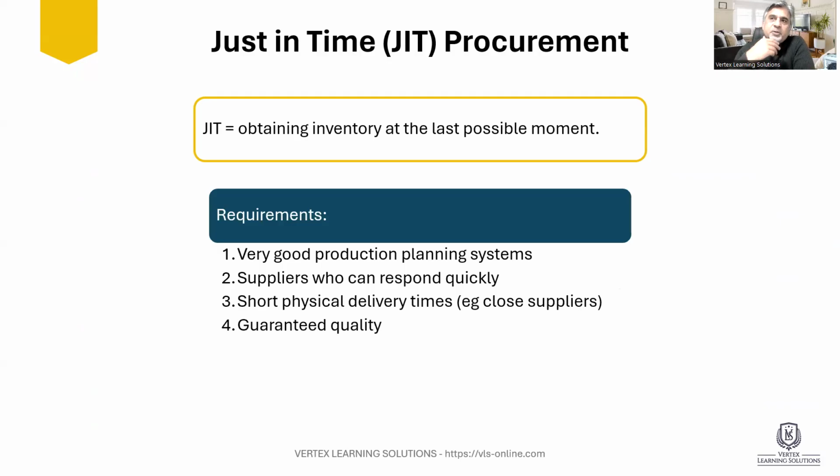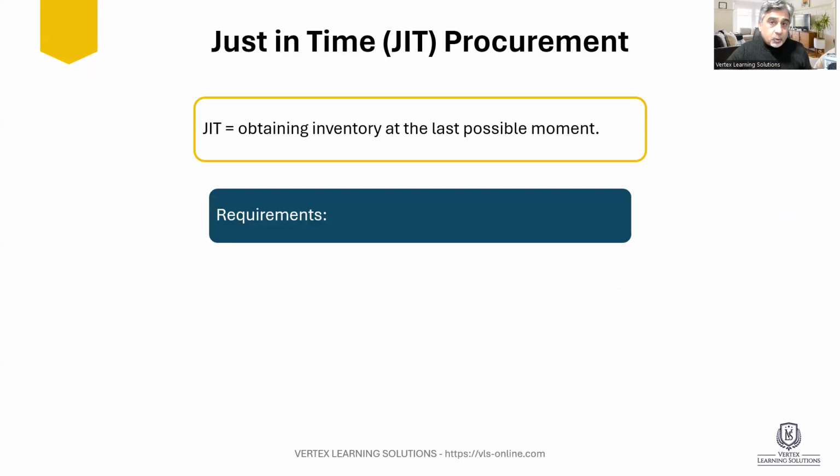In order to implement JIT, you cannot implement it on your own alone. Because for JIT, you purchase raw materials or ingredients from your supplier in short quantities, and not all suppliers are willing to sell in small quantities. Some suppliers say my minimum order quantity is 1000 units. I'm selling it only in 1000 units. Some suppliers have these conditions.